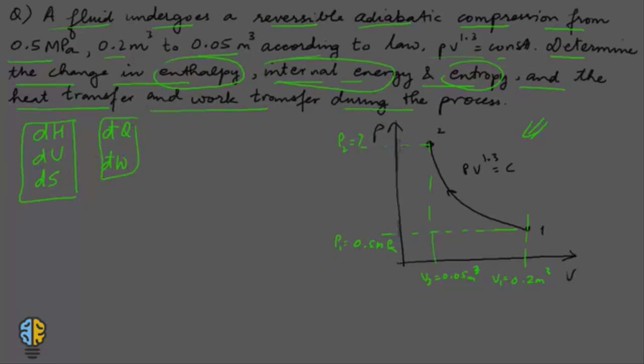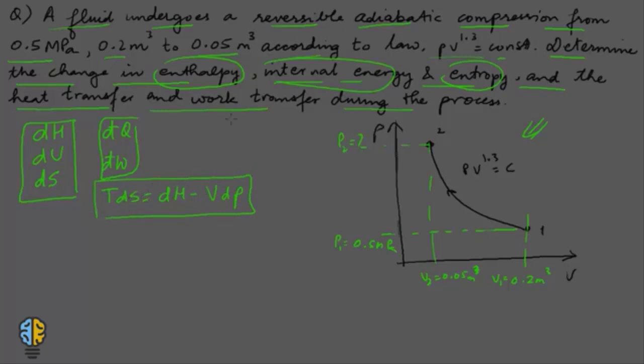Now this is a closed system, and for a closed system, if you apply the combination of first and second law, you would get this relation: TdS is equal to dH minus VdP, if you remember the 6 equations that we discussed.